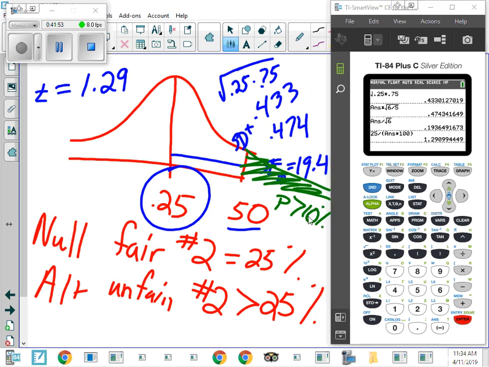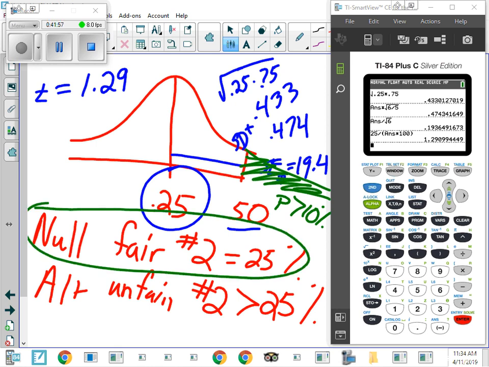Which means I accept the null, which means the dice is fair. Now, does it really mean the dice is fair? No, it means we can't say it's unfair. It still might be unfair, but from the information we gathered, we cannot say it's unfair, which is kind of nice. You don't have to own anything in statistics. All right, did that help?